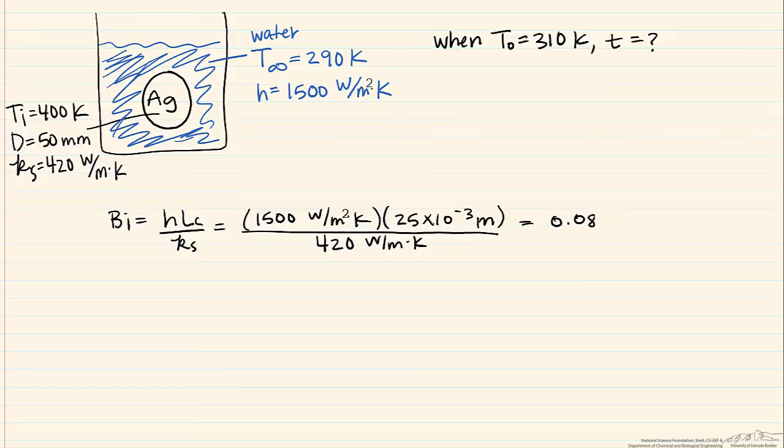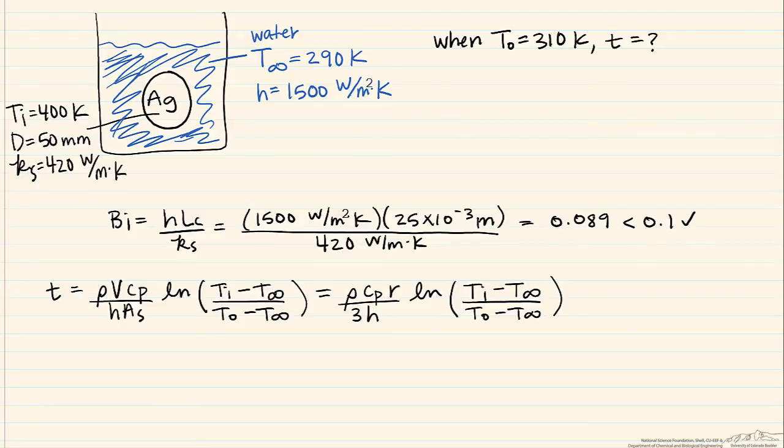And when we calculate this, our Biot number is 0.089, which is less than the 0.1 that we need in order to use lumped capacitance. And as we showed before, the volume divided by the surface area is equal to R over 3.